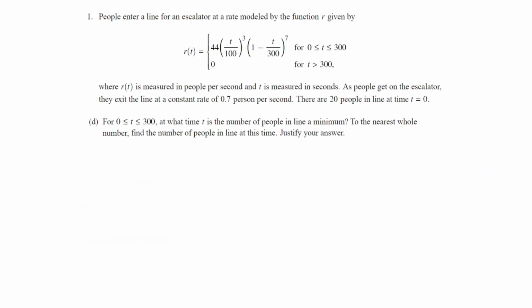And part D wants us, on 0 to 300, to figure out at what time t the number of people in line is a minimum, and to find, to the nearest whole number, the number of people in line at that time, with a justification. So what we need here is a function to represent the number of people in the line at any given time.